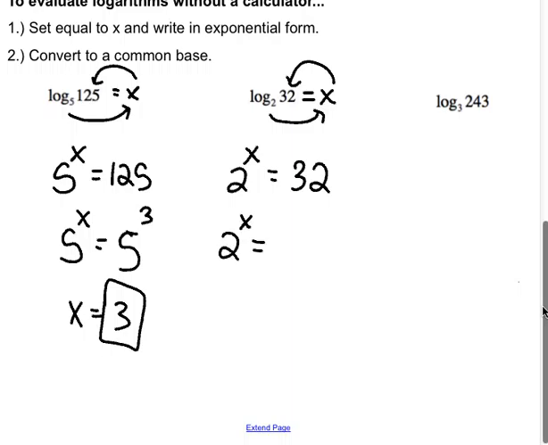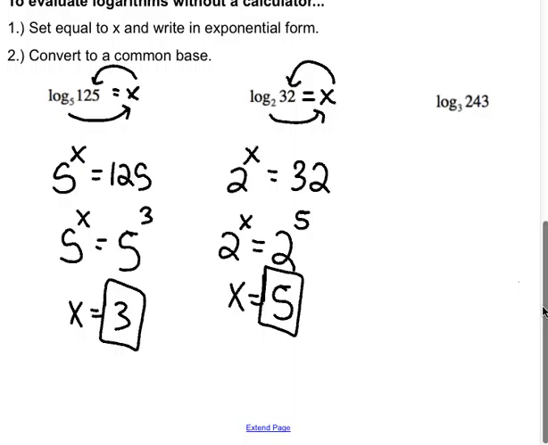Well, as you're searching, maybe you try 2 to the 3rd. Well, that's only 8. 2 to the 4th, that's 16. You come to 2 to the 5th as you're searching through your calculator. 2 to the 5th is 32. So I need to rewrite it so it has that same base. Because now that it has that same base, I can say that they're equal. And so that logarithm equals 5.